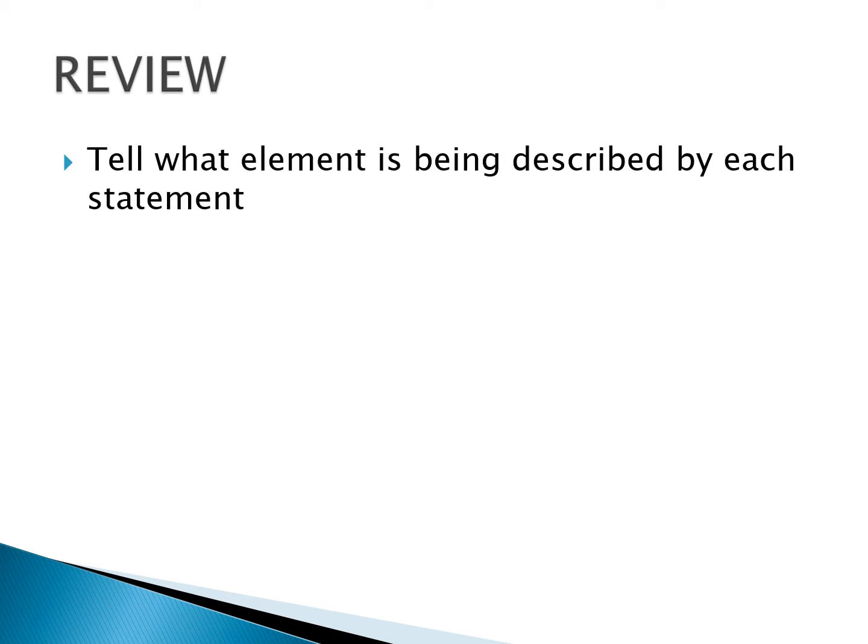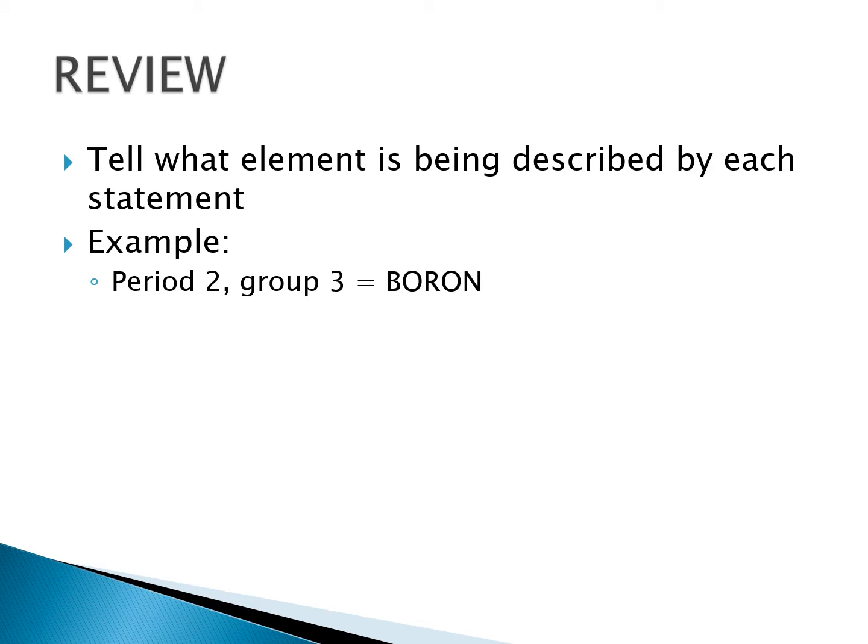So, for our review now, tell what element is being described by each statement. You'll be seeing a statement like this: period number 2, group number 3. After knowing the statement, I want you to take a look at your periodic table and identify what is being described by the statement period 2, group number 3.